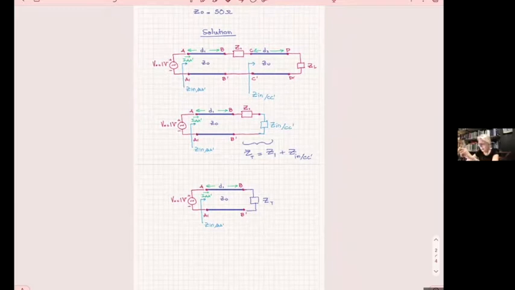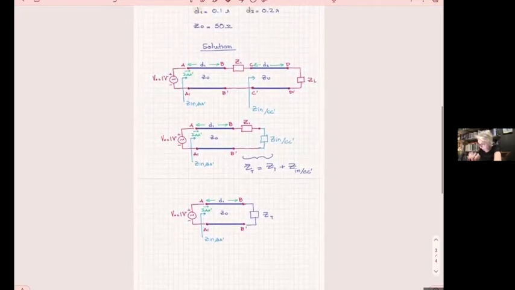First of all, you find the impedance at CC prime to replace that section of the line. Then you put a series combination of this with Z1, and then you transfer this to AA prime, and you're done. Okay, I repeated what you said. Yes, thank you. All right.